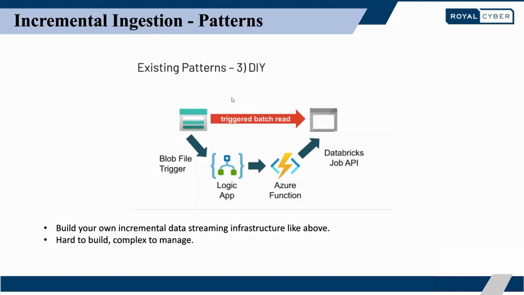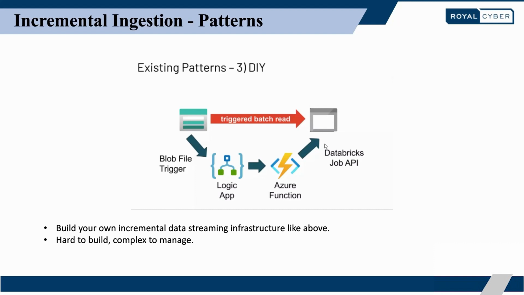And then finally, we have a do-it-yourself pattern in which we create a complete infrastructure ourselves. For example, we create a blob file trigger. Whenever a file is landed in the zone, the blob file trigger is executed, and it triggers a logic app solution which picks up incremental files and then triggers an Azure function which uses the Databricks job API to load incremental data.